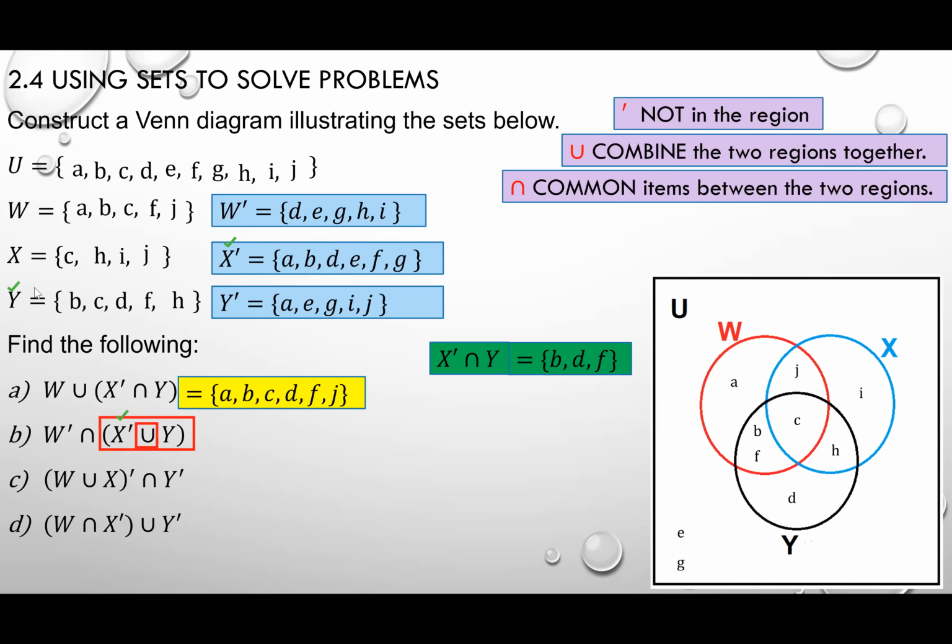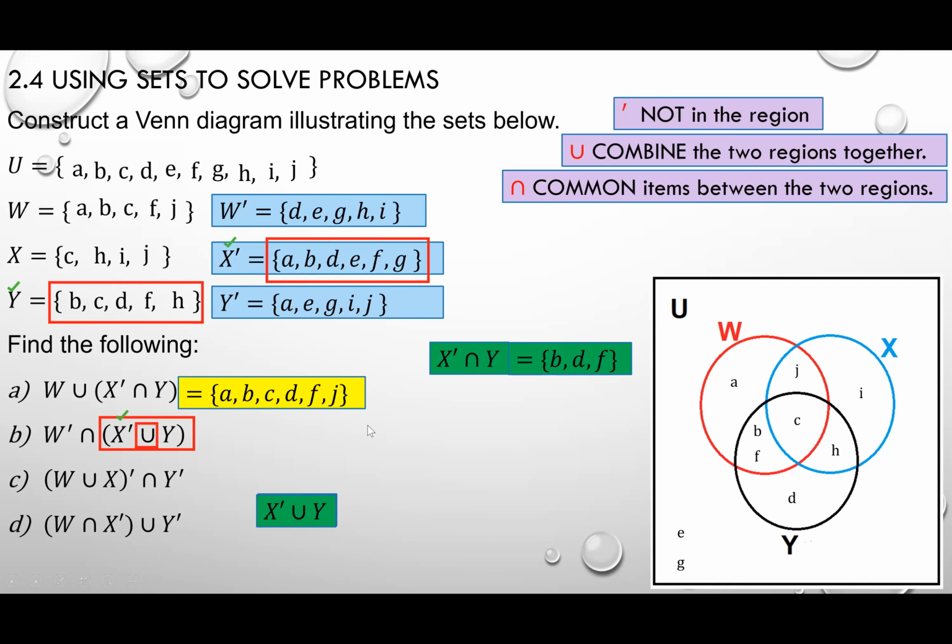So those are the two regions we're looking at, X prime and Y. And now what do they tell me to do? Well, they tell me to take whatever is in X prime and combine it with this item. That's what the union tells me to do: take X prime and combine that with Y.